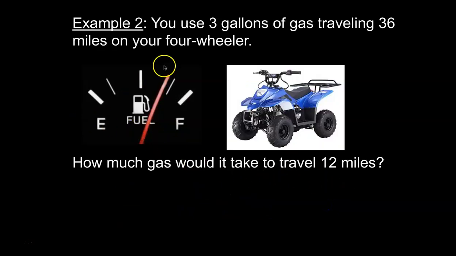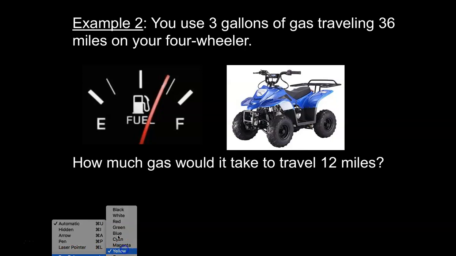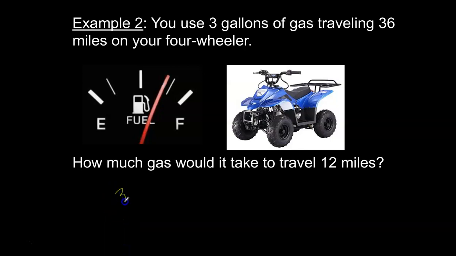Next example. You use 3 gallons of gas traveling 36 miles on your four-wheeler. So this is miles per gallon. This is gas mileage. We talked about this. So we have 36 miles we were able to travel, and we're able to do that using 3 gallons of gas.